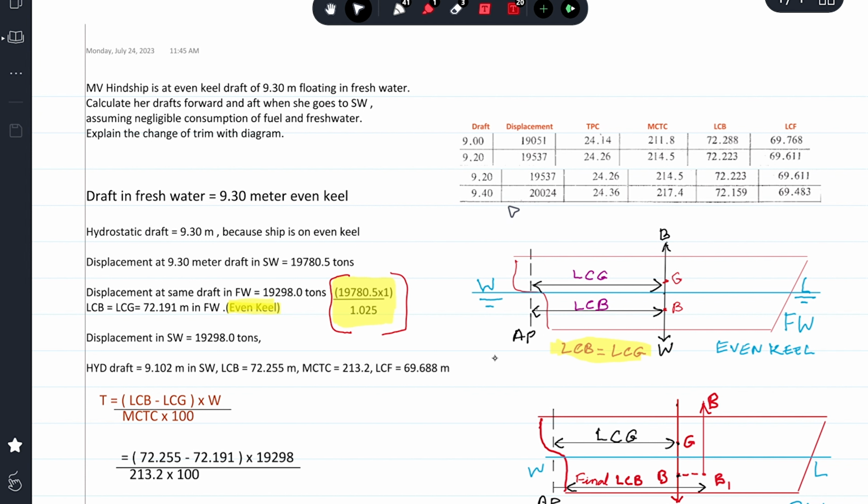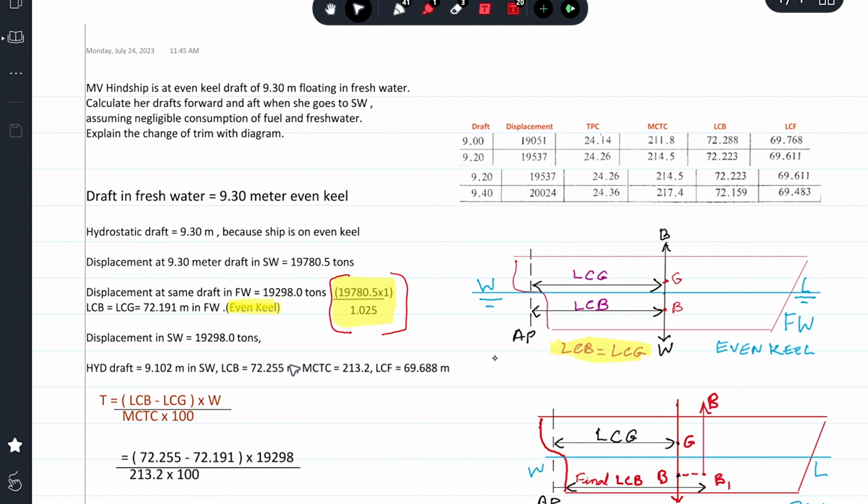So 9.30 meter and LCB is here between 72.223 and 72.159. We interpolate for 9.3 and I get LCB 72.191, which is my LCG also. So this is my LCG when the ship sailed, and my displacement is 19298.